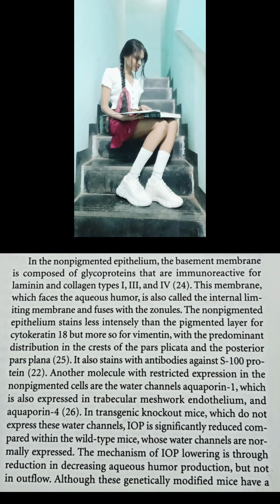The non-pigmented epithelium stains less intensely than the pigment layer for cytokeratin 18, but more so for vimentin, with a predominant distribution in the crests of the pars plicata and the posterior pars plana. It also stains with antibodies against S100 protein.